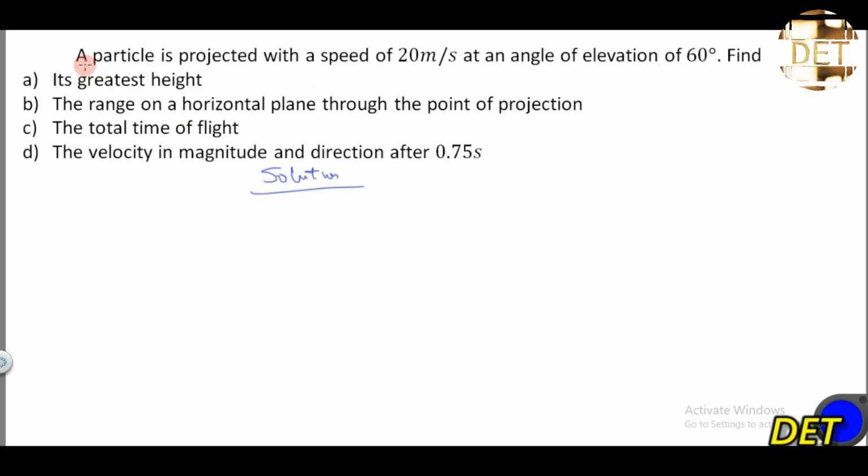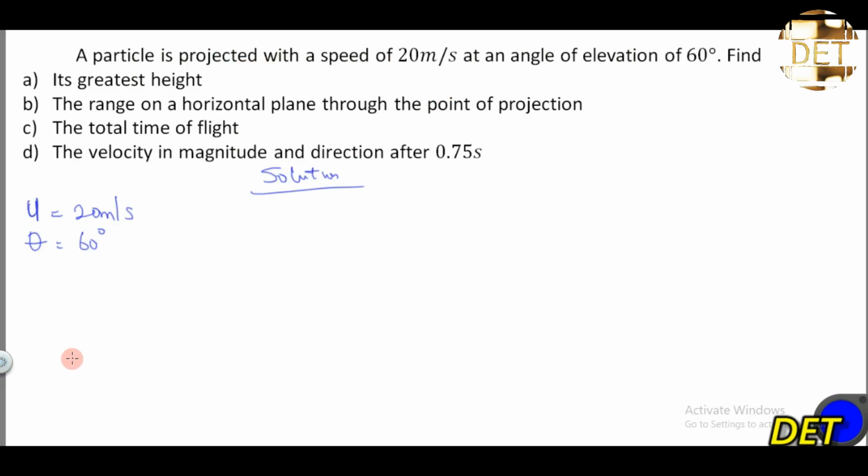The speed of projection is 20 meters per second at an angle of elevation of 60 degrees. So theta is equal to 60 degrees. From the question, you already know that this is a projectile motion.